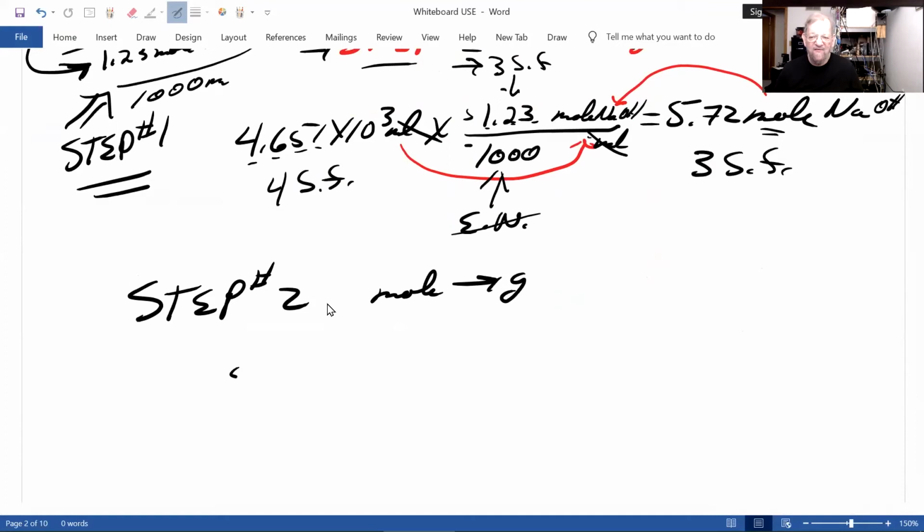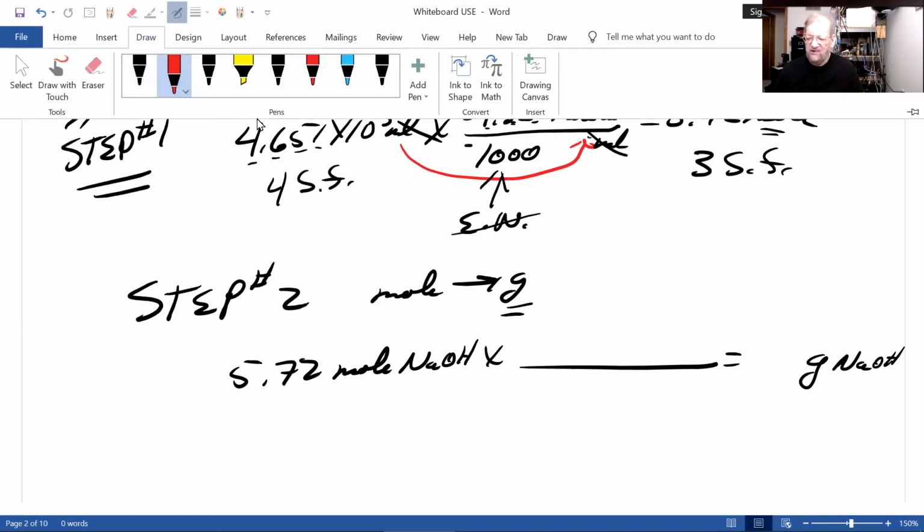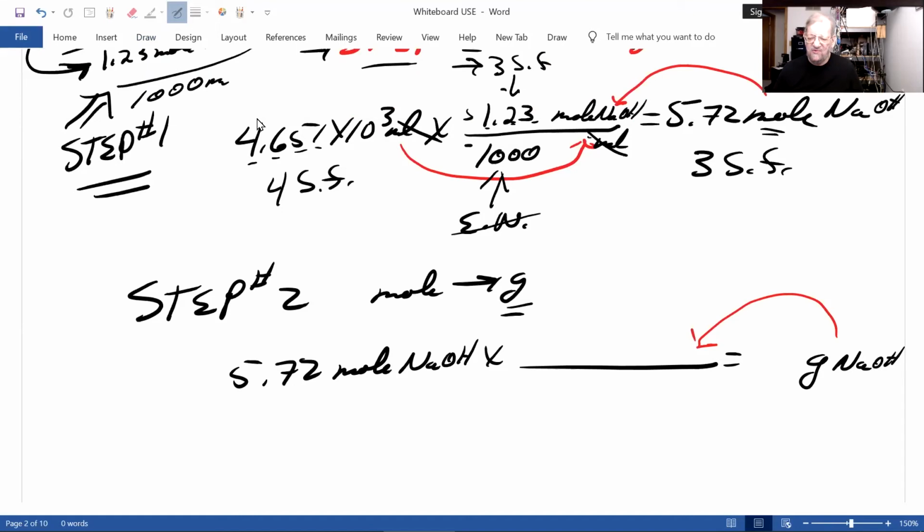And here I have 5.72 moles of sodium hydroxide. And what do I want to get to? Grams of sodium hydroxide. And I'll use my good buddy, my good friend, unit analysis. Whatever I'm trying to get to goes on top of the ratio. Whatever I'm trying to get rid of goes there. First of all, let me write them in.